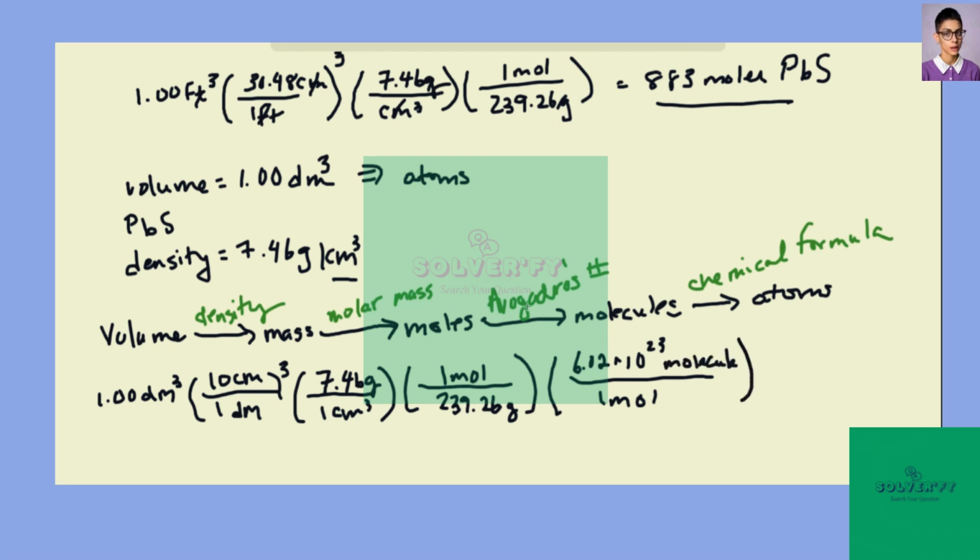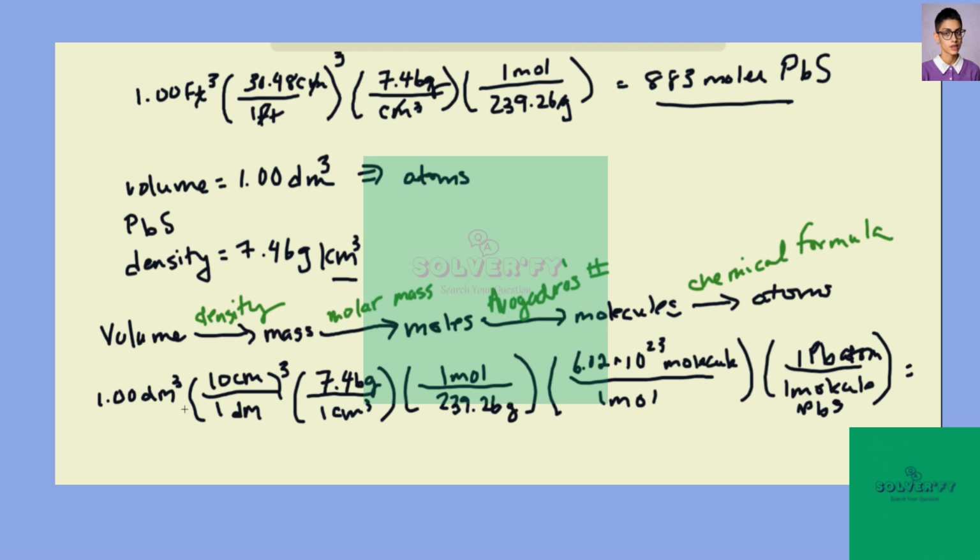And finally, when we look at the ratio of lead atoms and lead sulfide molecules, for every 1 molecule of lead sulfide, there's 1 lead atom because it's a 1-to-1 ratio.